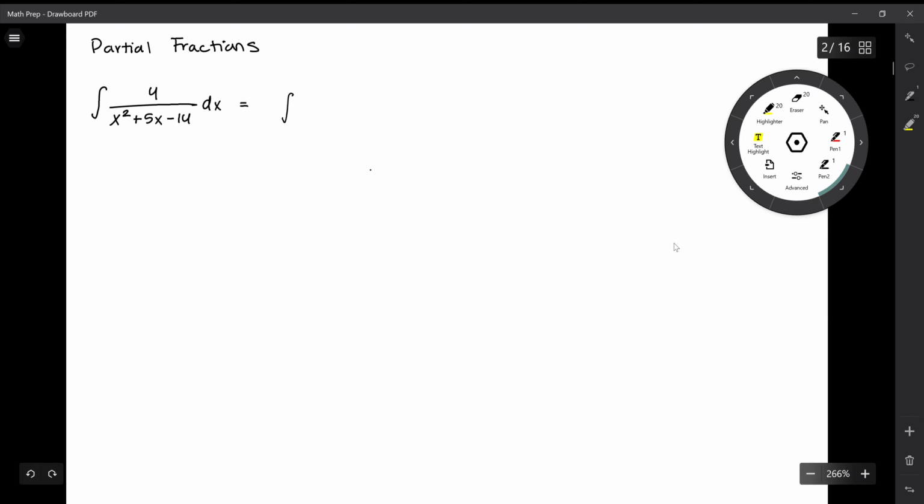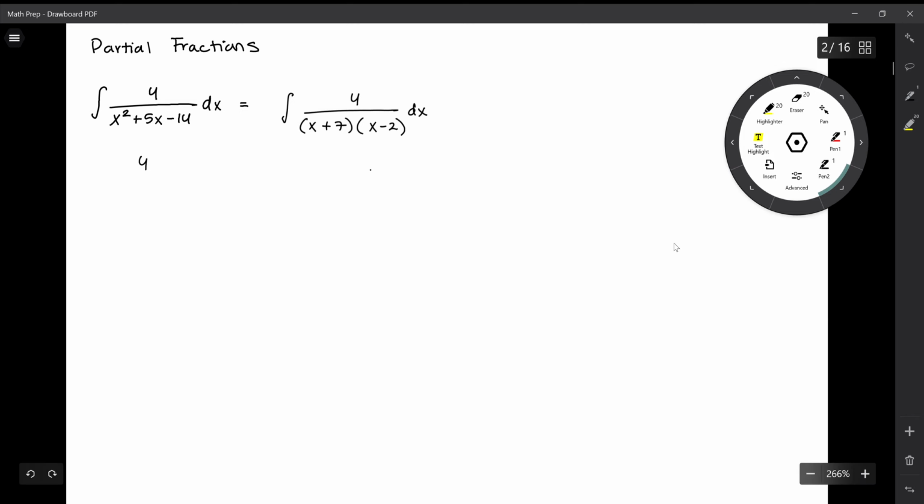So the integral of this, and I'm going to find the factors by doing x plus 7 times x minus 2, and this is what we have. Now, since we have this in the correct form, we're going to split this.